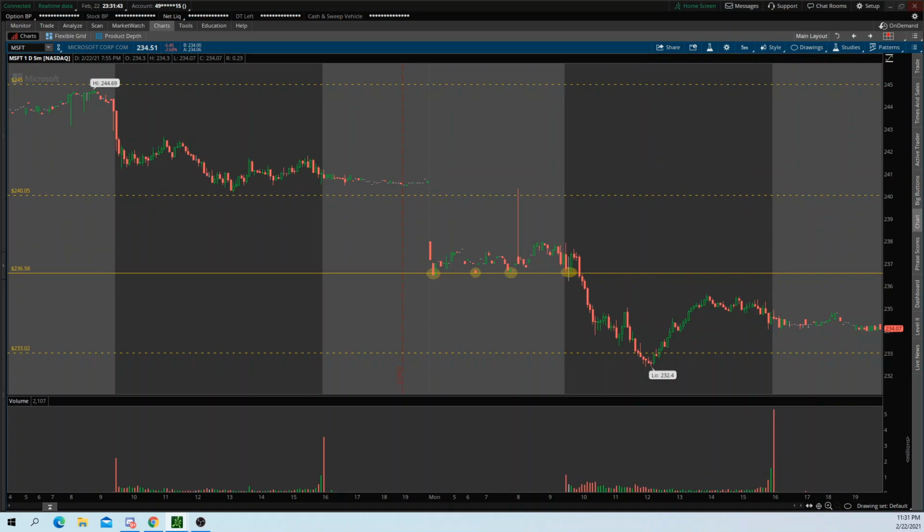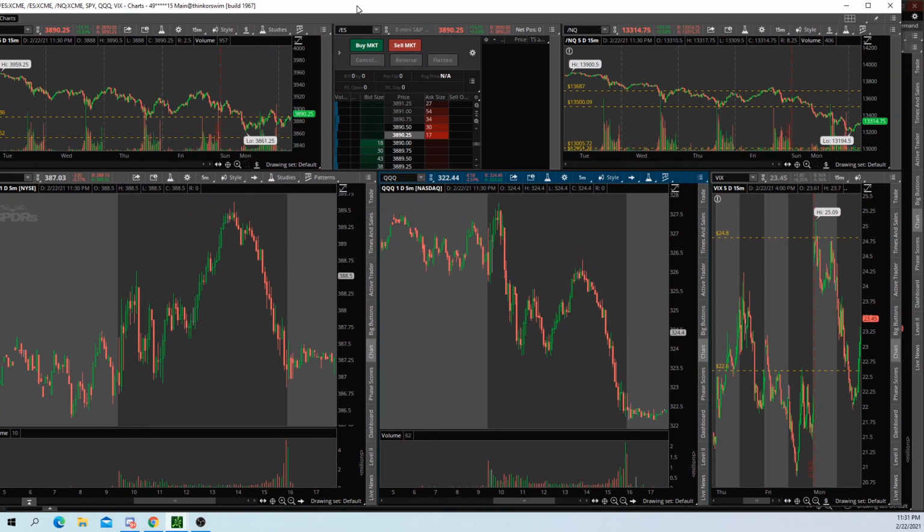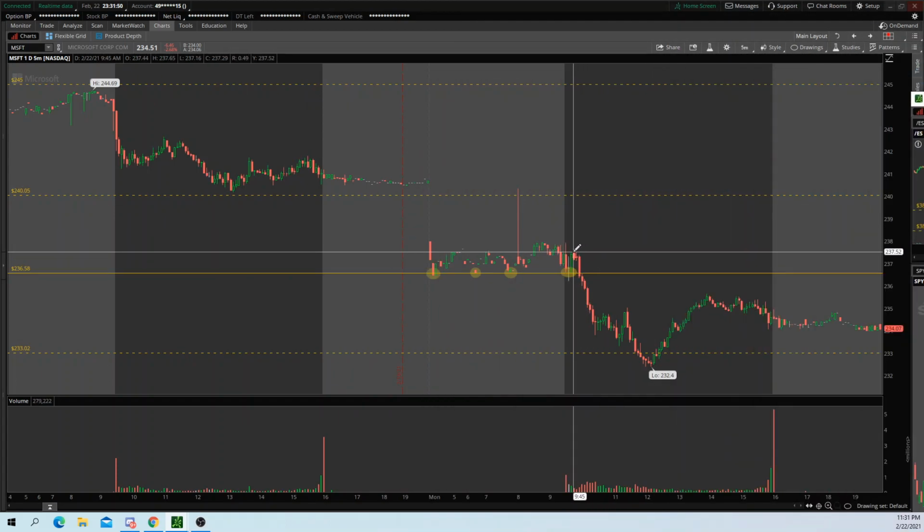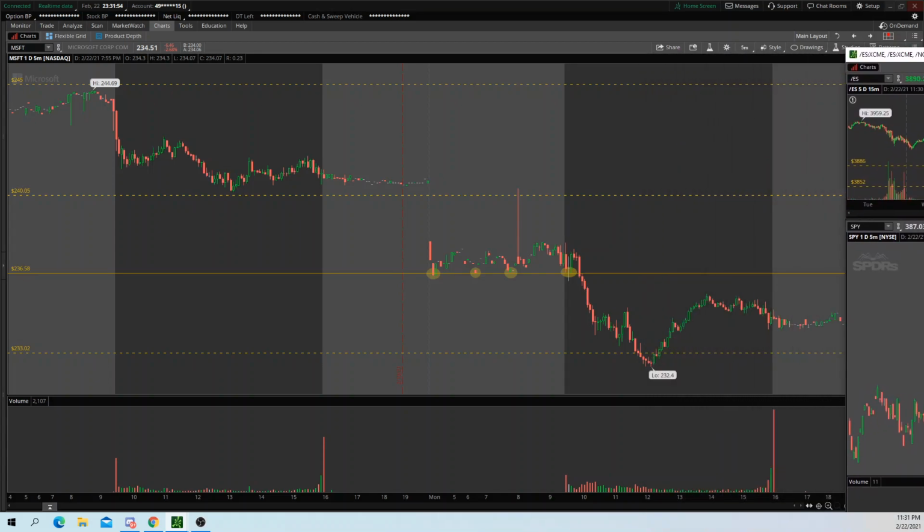I'm going to bring this over here and show you QQQ. So this was at 9:45. You can see at 9:45, Microsoft tried to break higher, but it had to roll over. Buyers couldn't hold value higher.